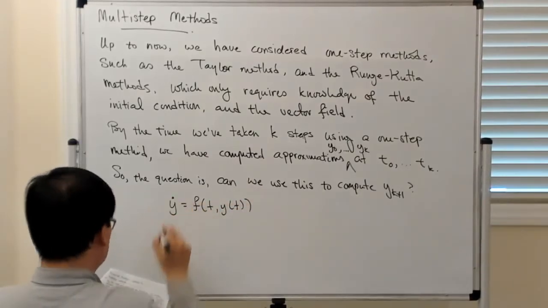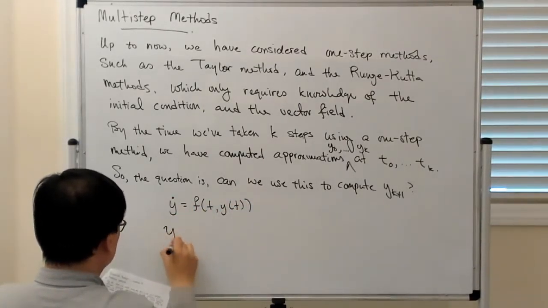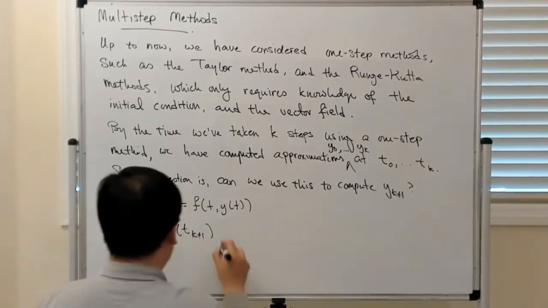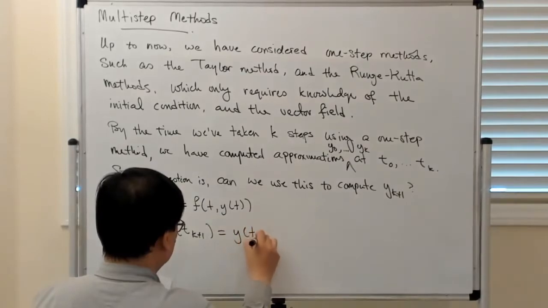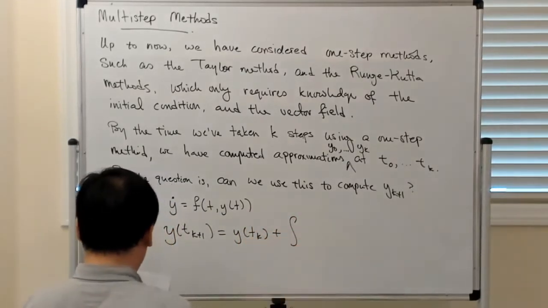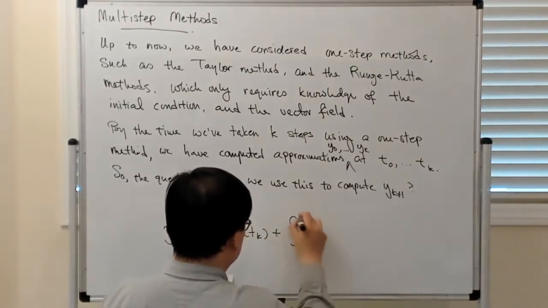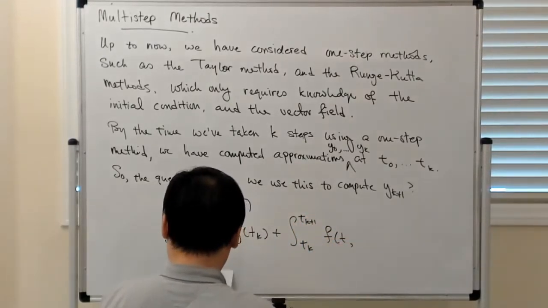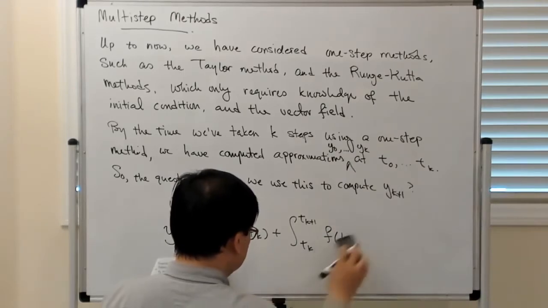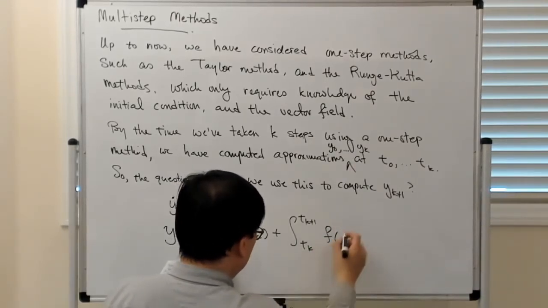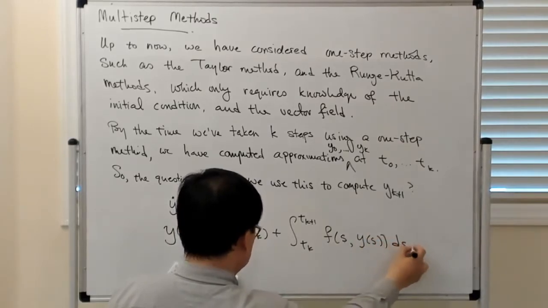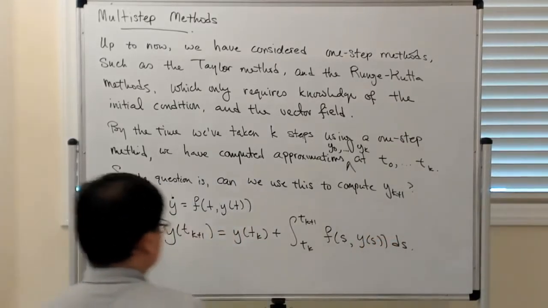And by the fundamental theorem of calculus, y at tk plus 1 is equal to y at tk plus the integral from tk to tk plus 1 of f of s, y of s, ds, where s is the dummy variable.